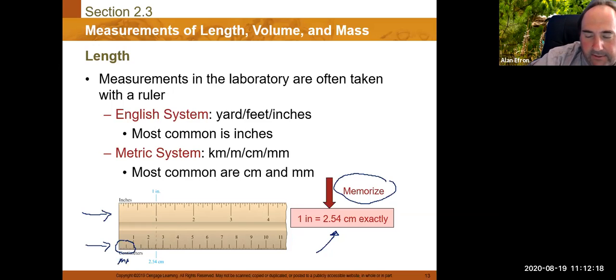So the little markings on the bottom of the ruler are the millimeters, the big ones are the centimeters, and on the top is an inch. And you can see here, 1 inch is exactly 2.54 centimeters as you read it.